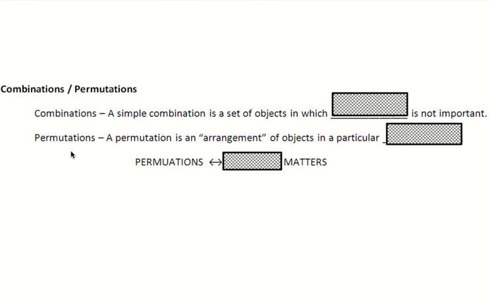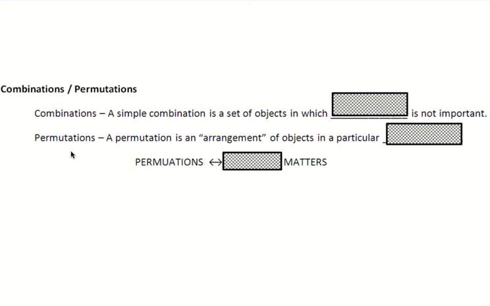You have one group of stuff, and you want to figure out how many groups you can make from that group. Like if you have 50 people and you want to figure out how many different groups of 7 you can make from a group of 50, that's where this combination and permutation stuff comes into play, when you're making smaller groups from a bigger group, you know what I mean?